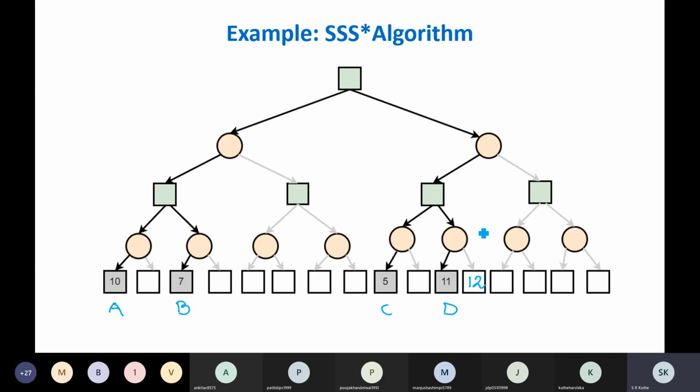Anybody can answer this? Min node. Right, it is a min node. We know that the value of a leaf node is always less than or equal to the value of a strategy.